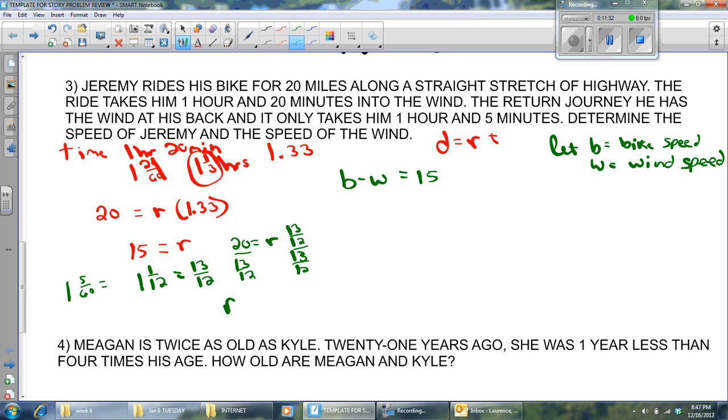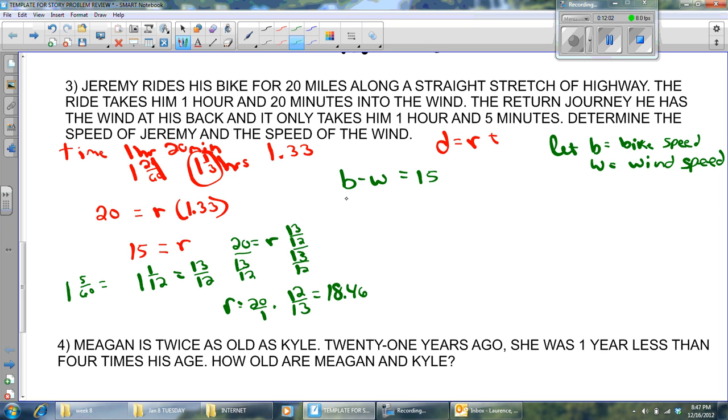So R is going to be 20 over 1 times 12 over 13. And that just doesn't come out pretty any way you do it. So I'm going to get 240 over 13. So I'm going to go 240 divided by 13. That's going to come out to be about 18 and 46 hundredths. So my second rate would be 18 and 46 hundredths. That's rounded, but it should be close enough to use.